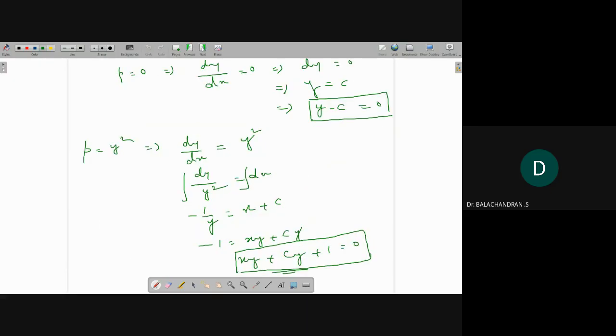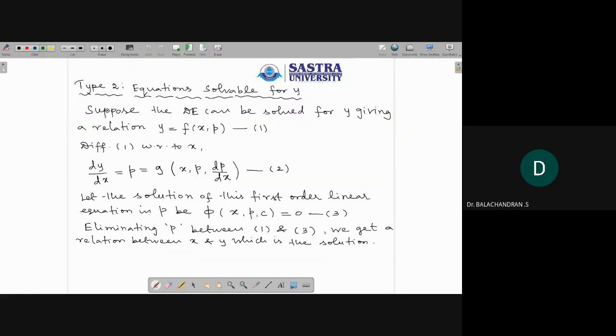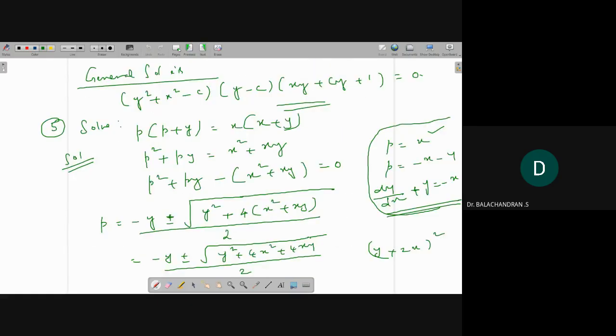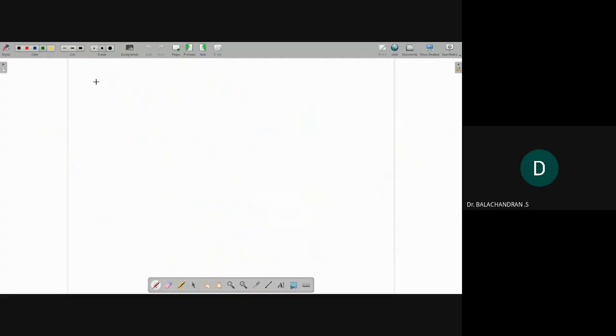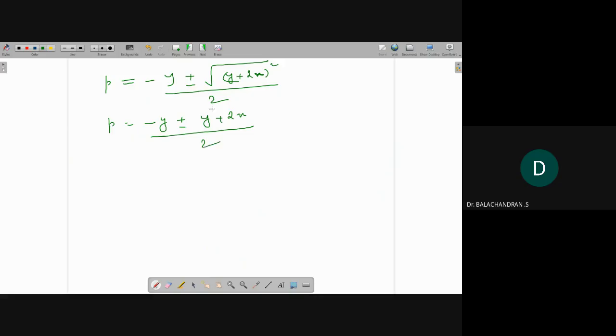So p equal to minus y plus or minus root of y plus 2x whole square, divided by 2. So p equal to minus y plus or minus y plus 2x, by 2.